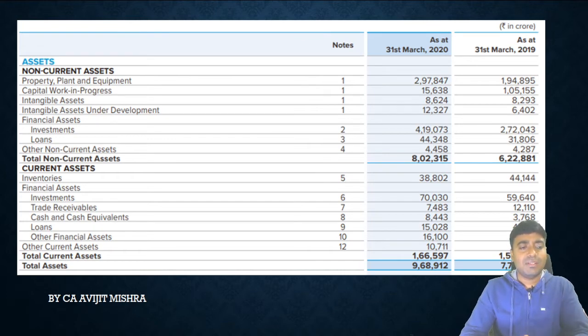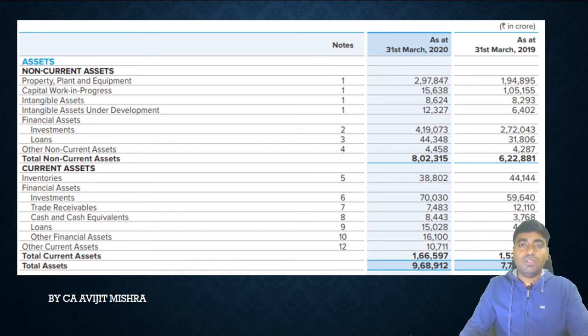Cash and cash equivalent is anything which is equivalent to cash or easily convertible to cash. Loan is when Reliance has given some amount of loan to any third party. And anything which is not coming in the other categories will come as other financial assets.